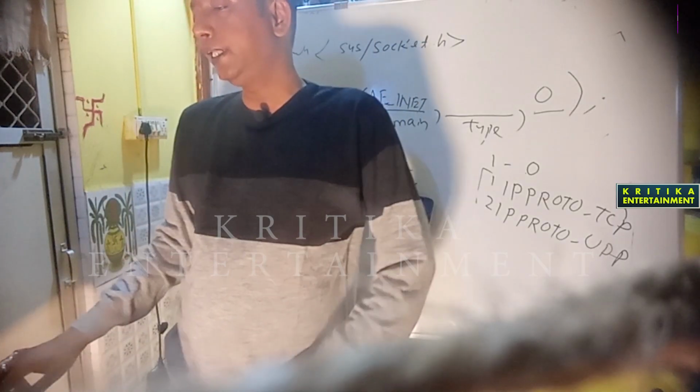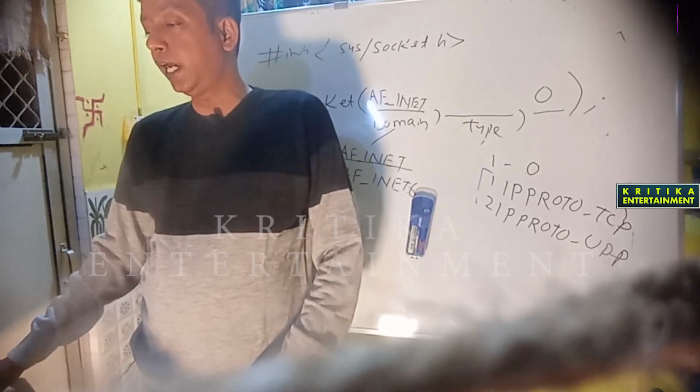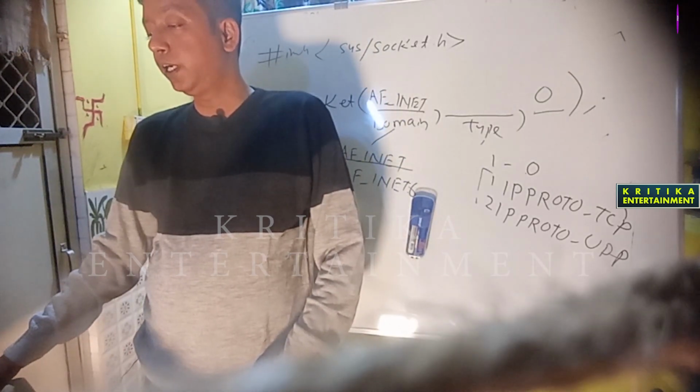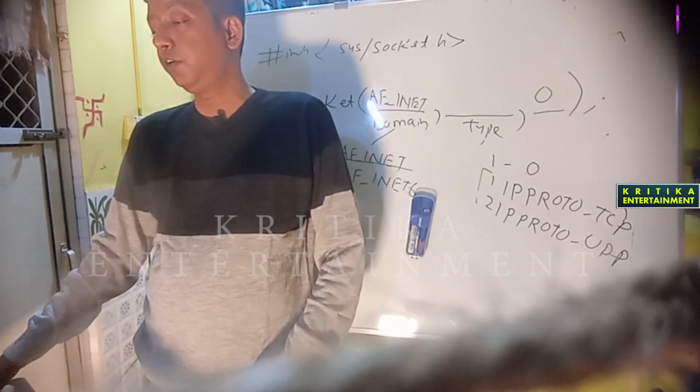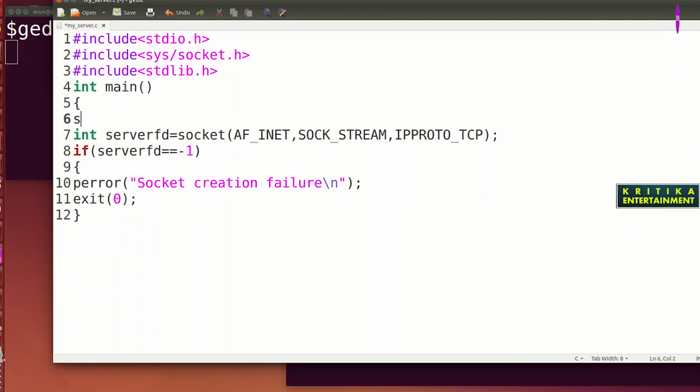Inside it these two functions are there. Another is, suppose, clear. Here we will write system, and inside the bracket you can also use the clear function. Then the bracket closes.